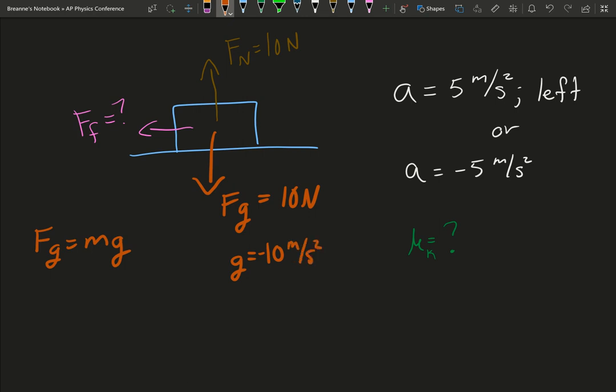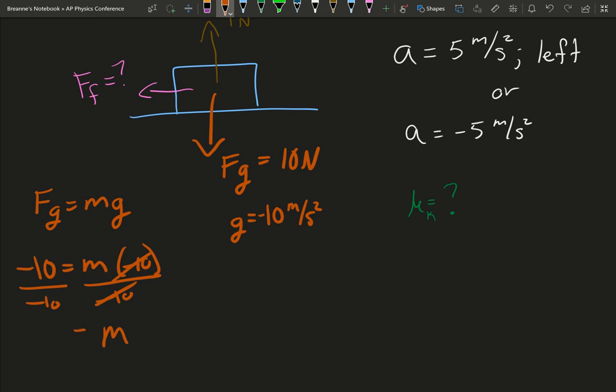I told you that in most of your problems. Force of gravity is pointing down, so that becomes -10 equals m times -10. We divide both sides by 10, and we get that the mass equals 1 kilogram.